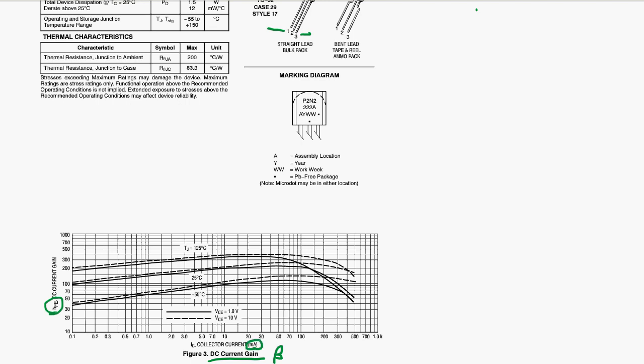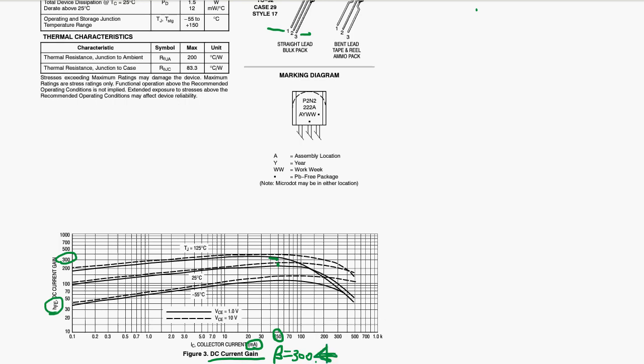If you're operating at like 50 milliamps and room temperature, but it's room temperature outside, while the die inside is usually higher, like 80, so we're talking about 300, which is pretty good. Beta 300 is very good performance.